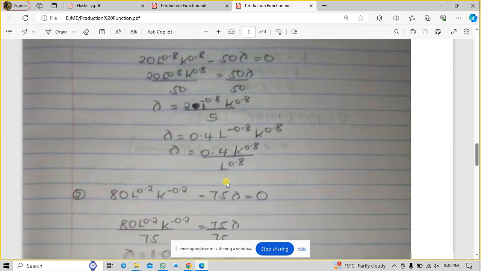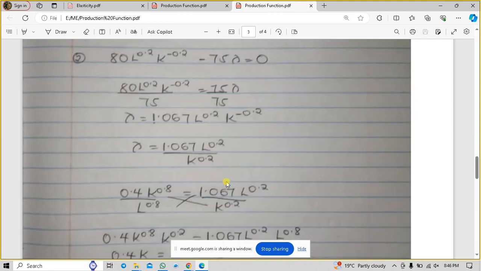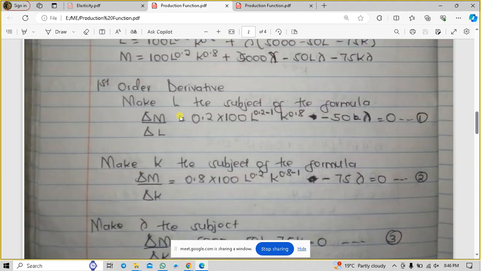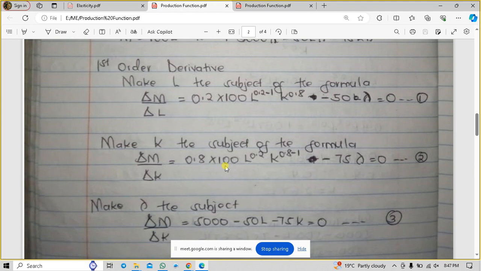So we can proceed to part 2, or equation number 2. So we solve this. 0.8 times 100 will be 80. So we say 80L is to power 0.2, K is to power 0.8 minus 1, minus 75 mu is equal to 0.